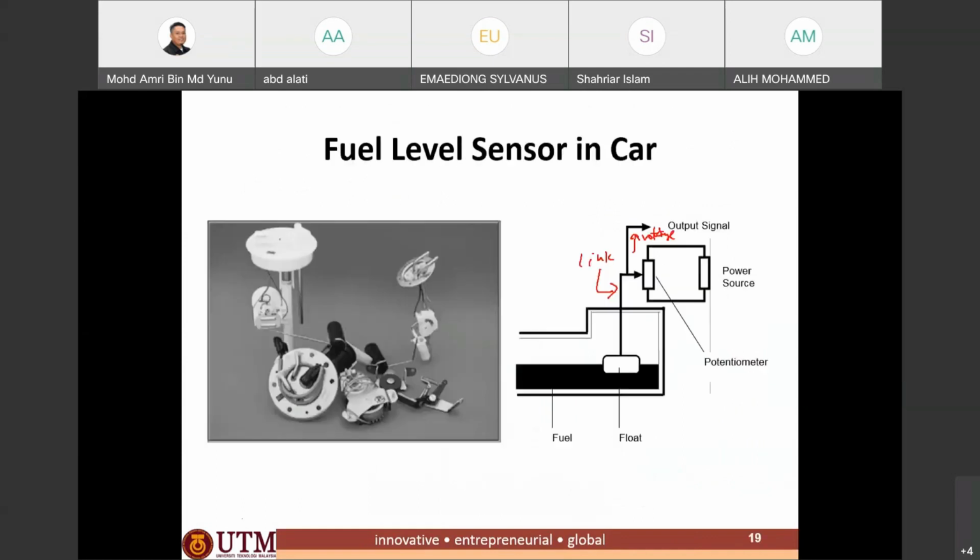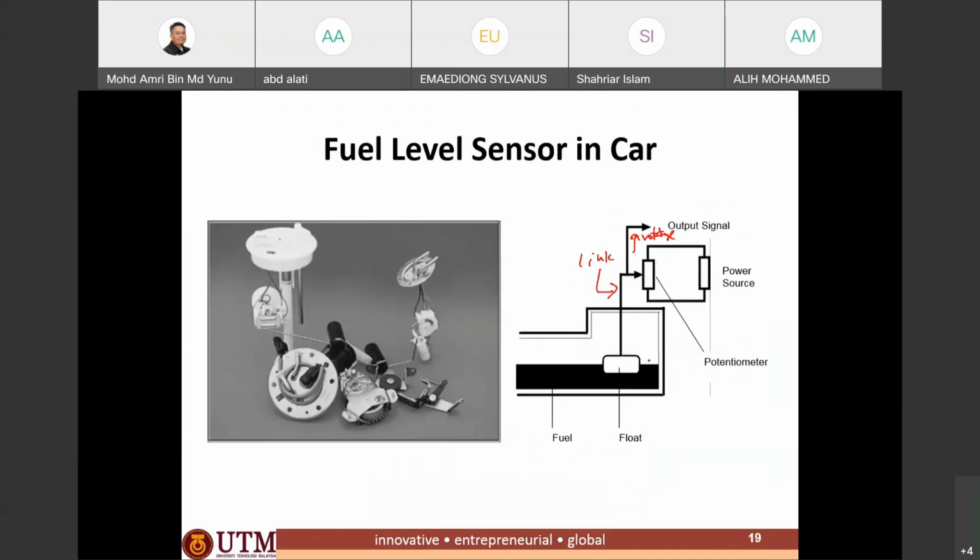Application. This is one of the applications of the potentiometer, where it is used to measure the level of fuel inside a vehicle tank.